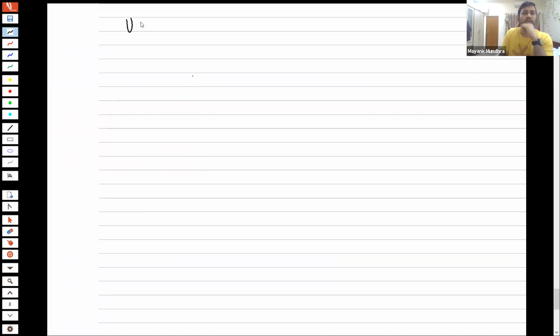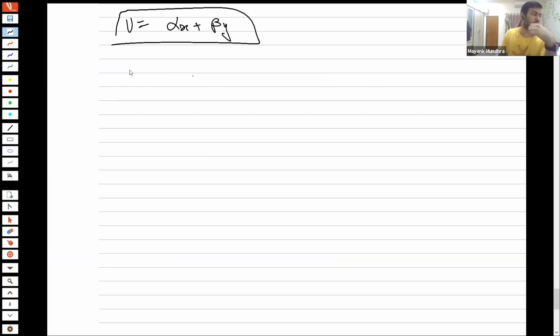So utility equals alpha x plus beta y. Okay, so that's my utility function. So I know the indifference curves, the slope of the indifference curves. I'm going to ask this to Ananya. Ananya, what's going to be the slope of indifference curves?